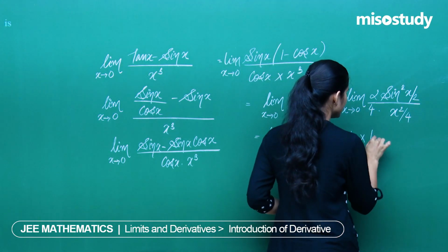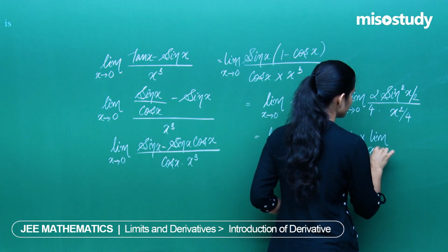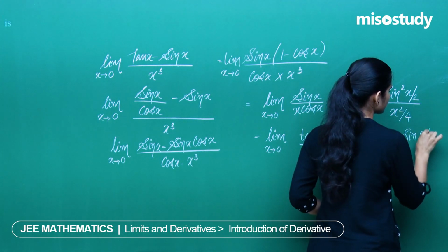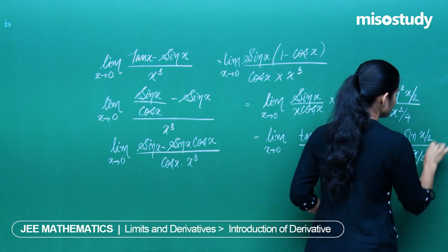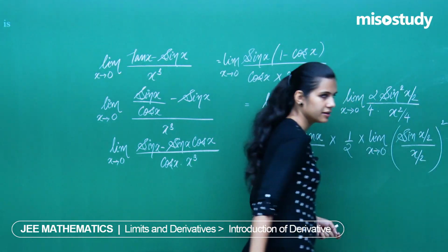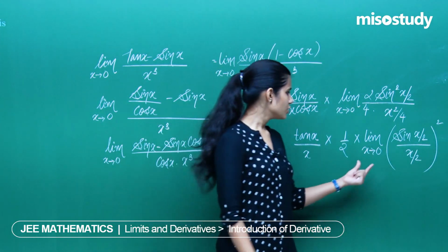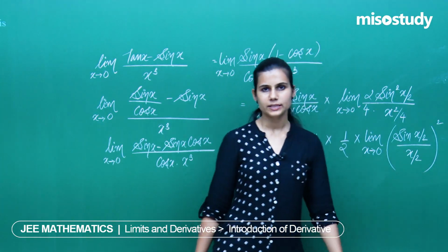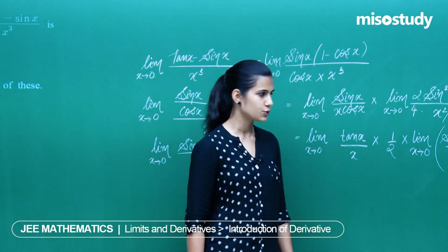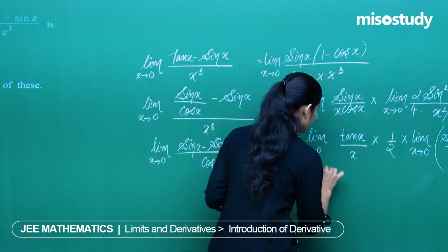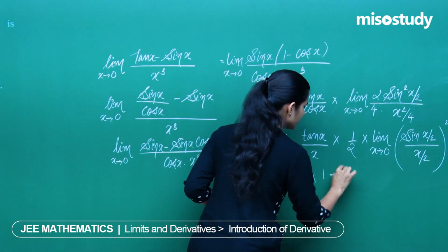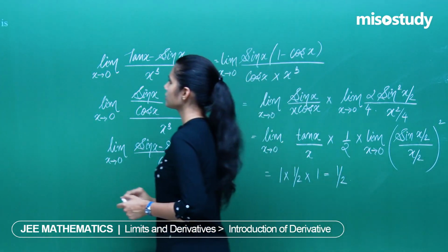It's a constant independent of x. Then you have sin x by 2 upon x by 2 whole square. You know square is a continuous function. So limit of this square is square of limit of sin x by 2 upon x by 2, which is square of 1, which is 1. So this you know is 1 into 1 by 2 into this is 1 square, which is 1. So your answer is nothing but 1 by 2.